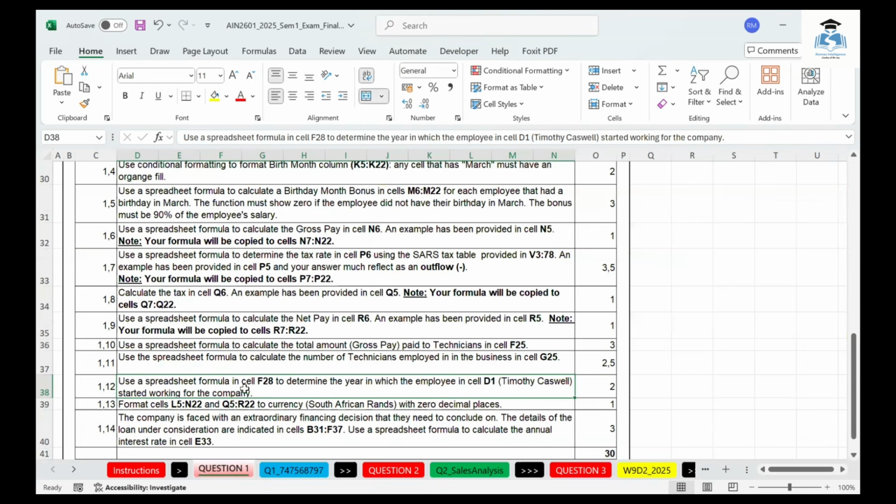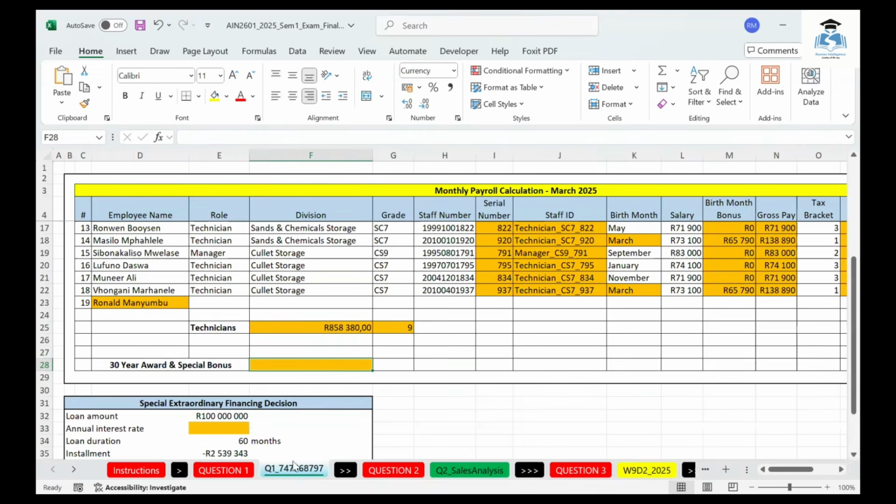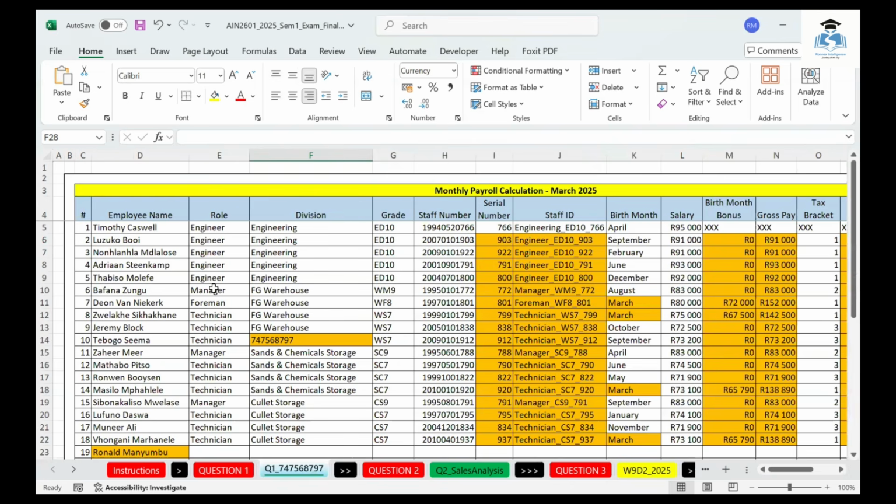Use the spreadsheet formula in cell F28 to determine the year in which the employee in cell D1, Timothy Caswell, started working for the company. So D1, this one.